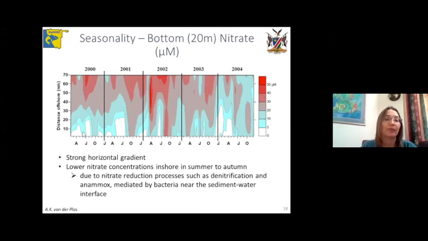And we see very low nitrate concentrations inshore during the summer to autumn period. And this is due to nitrate reduction processes such as denitrification and anammox mediated by bacteria near the sediment water interface.